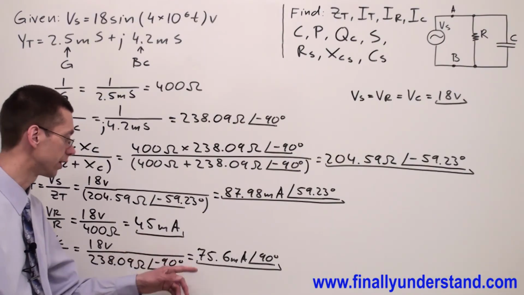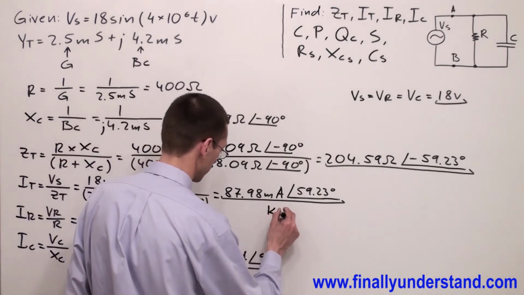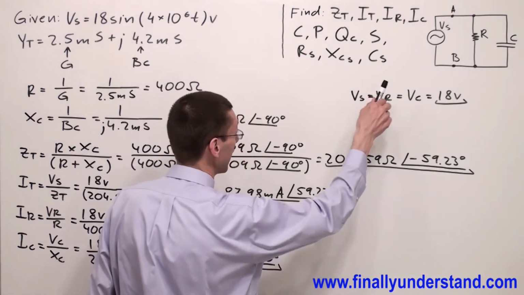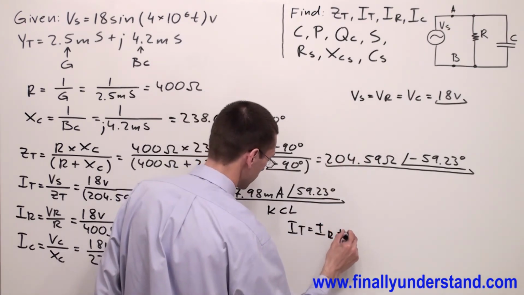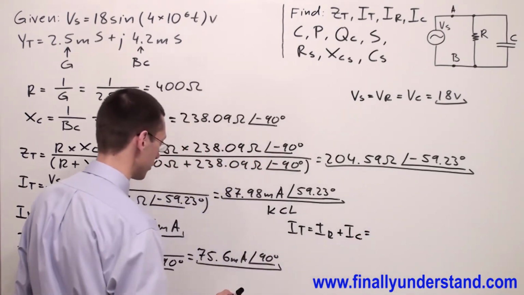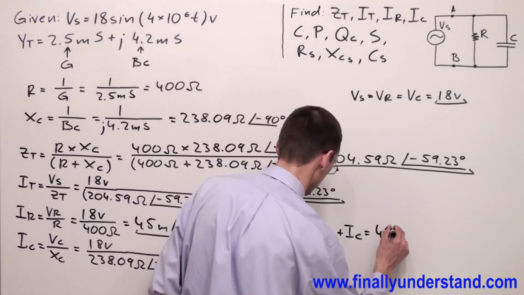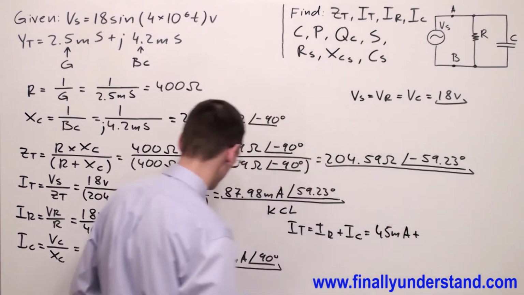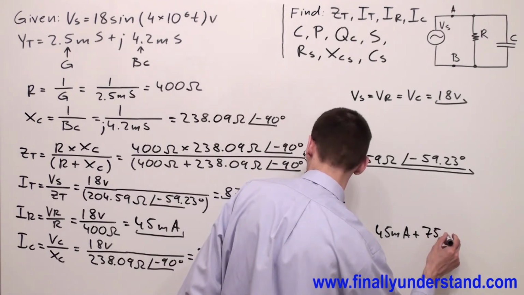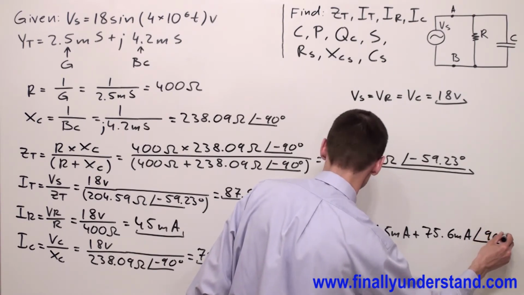Next, we're supposed to verify if our answers are correct by using KCL, Kirchhoff current law, which says that I total is equal, in this case, to the current which goes through the resistor plus the current which goes through the capacitor. So I have current which goes through the resistor is 45 milliamps plus the current which goes through the capacitor is equal to 75.6 milliamps and angle of 90 degrees.